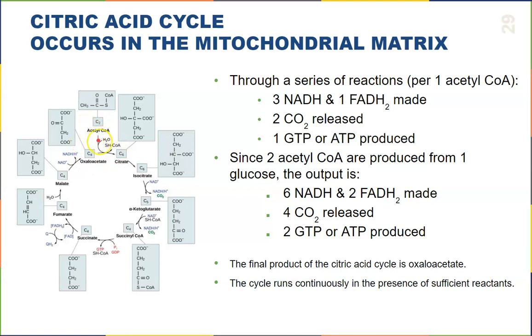So that's how it's circular. What you will notice is that, I want to point this out quick, acetyl-CoA has a few carbons on it, and then we release those carbons at certain points throughout the Krebs cycle, which come out as CO2.